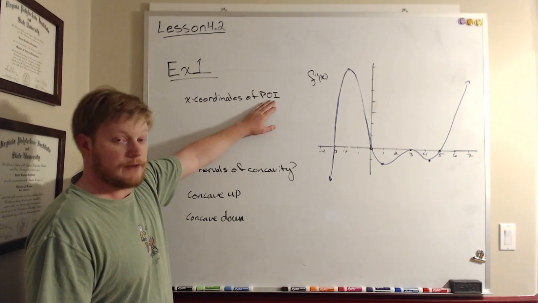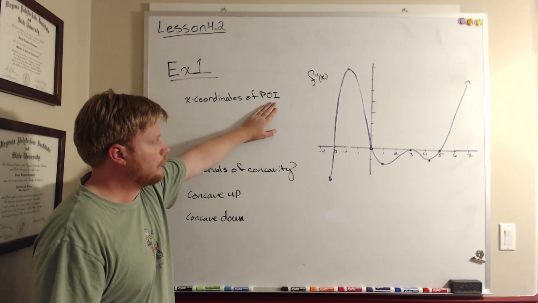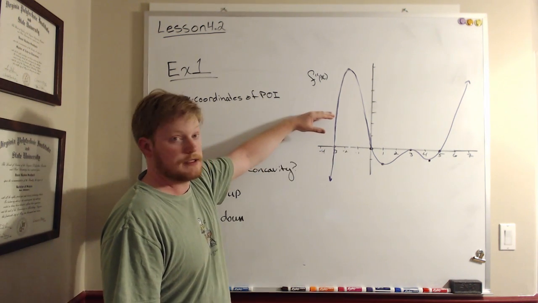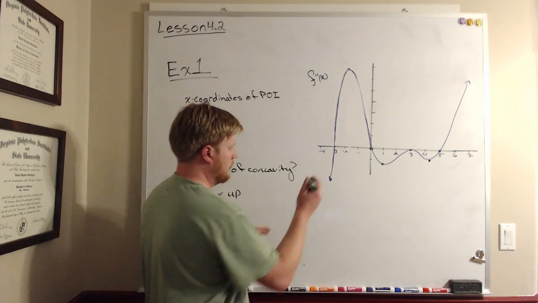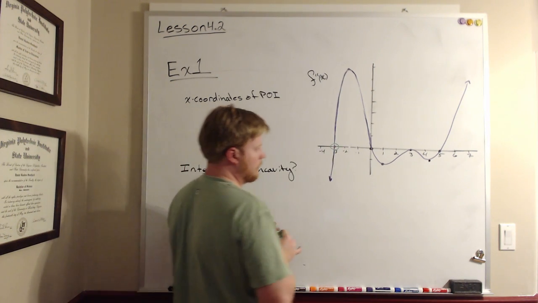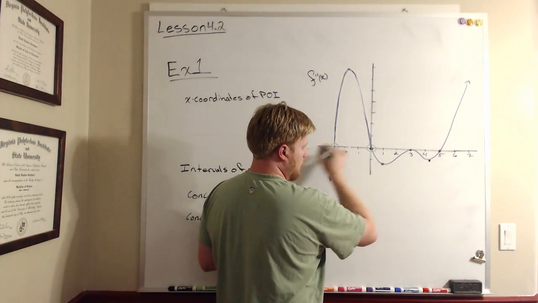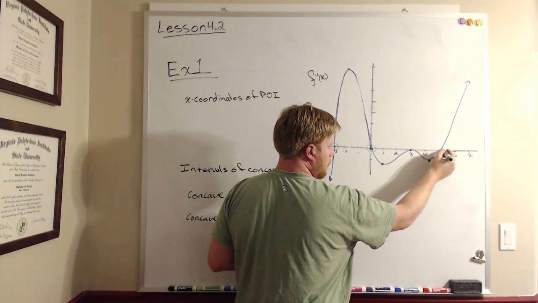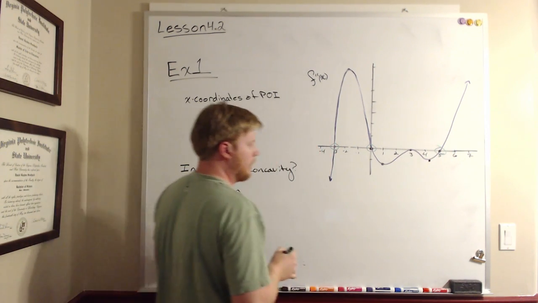So points of inflection are going to happen where the graph goes from negative to positive. So at -3, at 0, and 5.